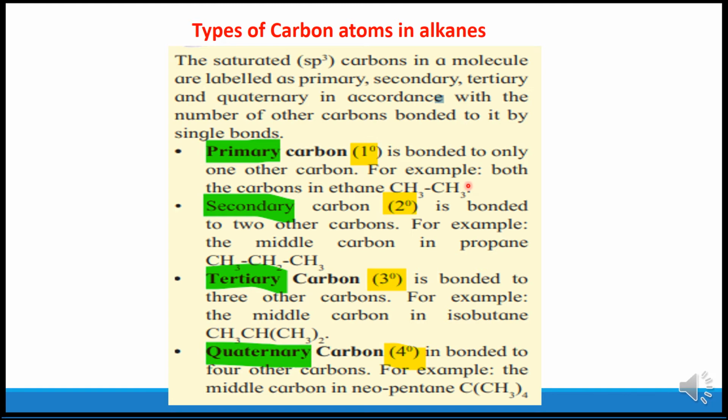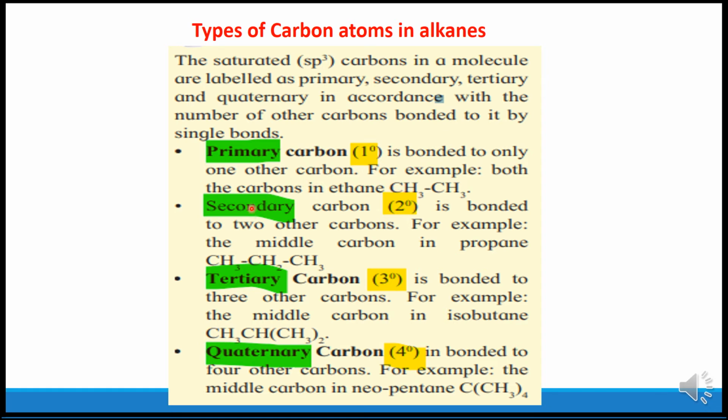See the example, CH3 single bond CH3. This carbon atom is bonded with this carbon atom, and the other three valencies are fulfilled by bonding with these three hydrogen atoms. So this carbon atom is 1 degree, and this carbon atom is also a 1 degree carbon atom or primary carbon atom.